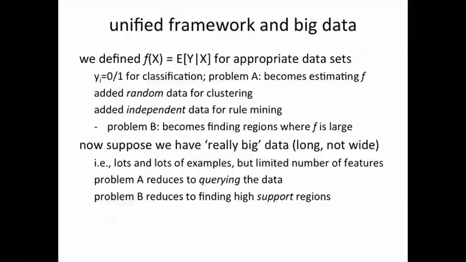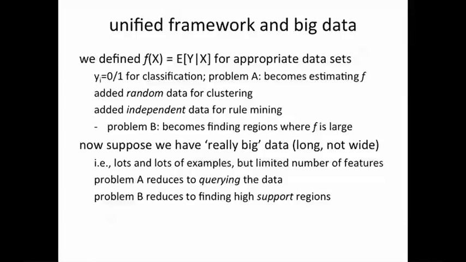And again, all we need to do is find high support regions, in the sense of which combinations of features have high support out of those which have high values of f. Of course, we still have the problem of dealing with negative rules, even in this high support technique. So that doesn't solve the entire problem, but it certainly is a route to solving the problem.